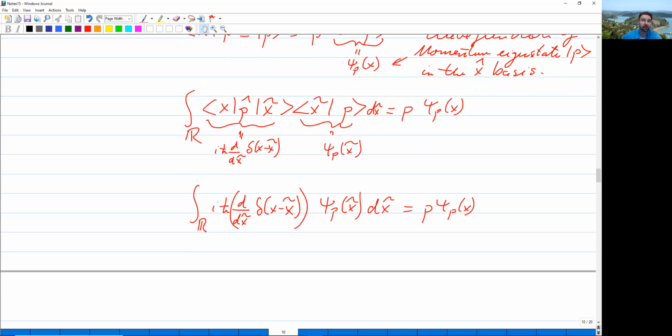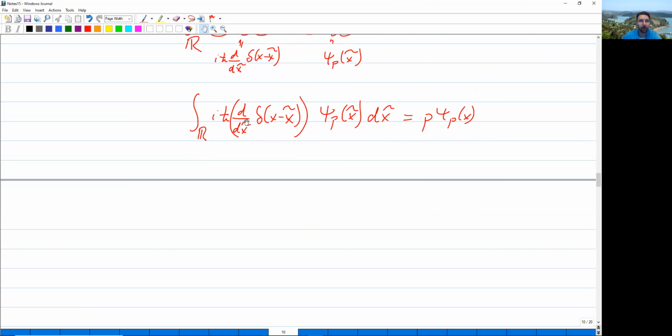We can evaluate this further with the usual trick. We use integration by parts and throw it on the other side. So what we obtain, and I'm not going to do all the details again of that step, is minus i h bar d by dx of psi p of x is equal to p psi p of x.